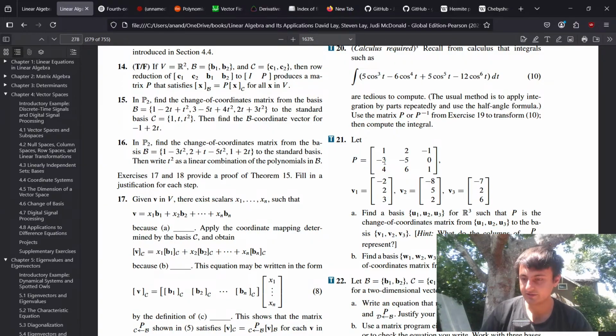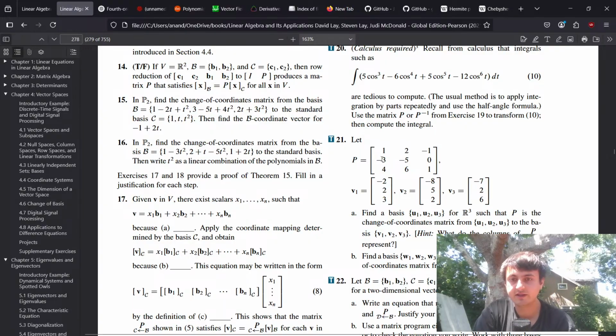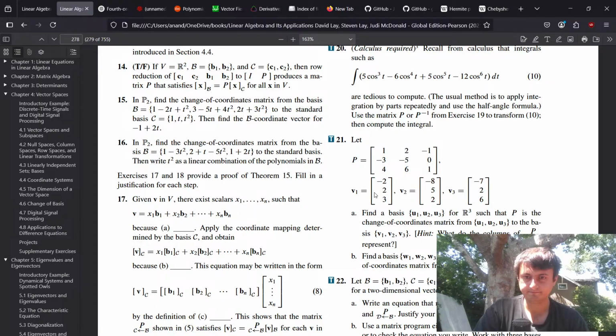What I'm saying is that U1 is going to be equal to 1 times V1 minus 3V2 plus 4V3. So it's the linear combination of the basis of V. So I think it's going to be V times P.